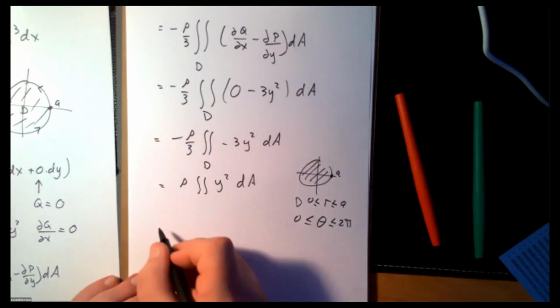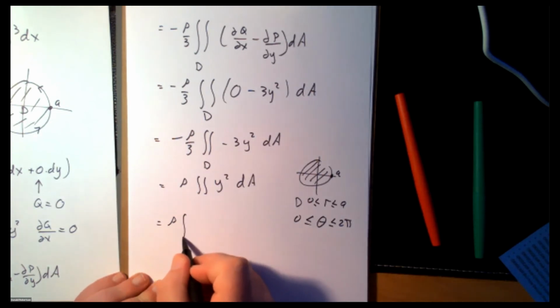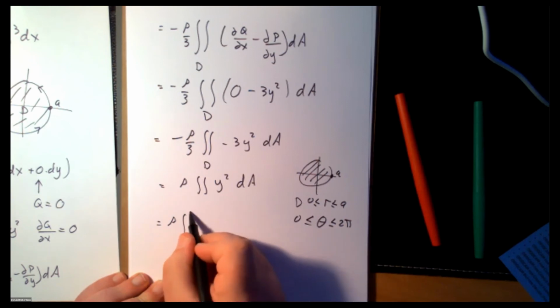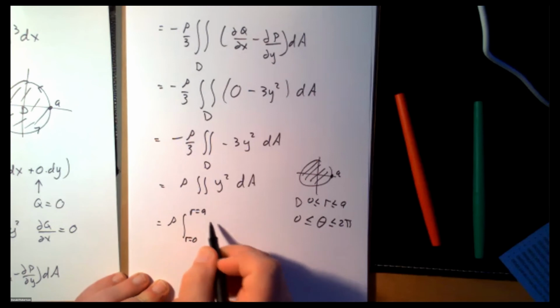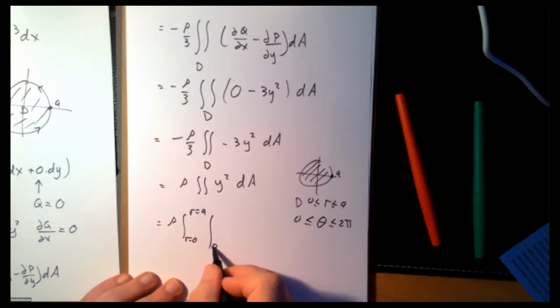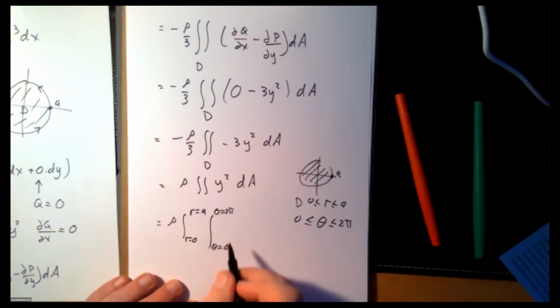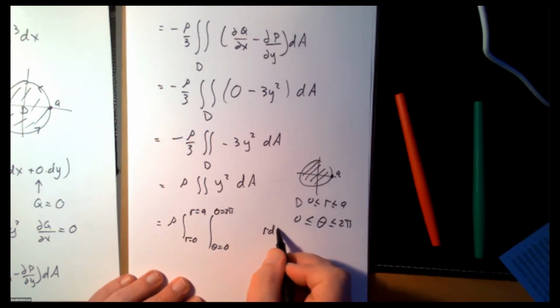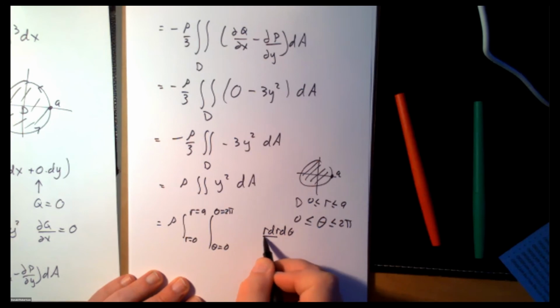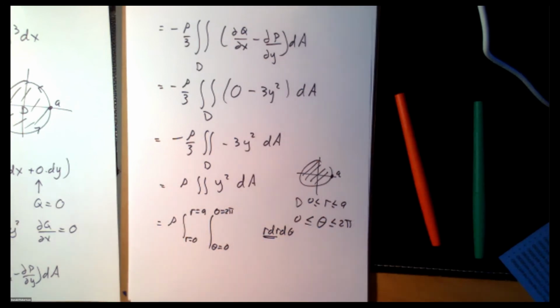Agreed? So that now gets me rho, an integral from r equals 0 to r equals a, and an integral from theta equals 0 to theta equals 2 pi. I'm going to do polar, so remember to put the r in: r dr d theta.